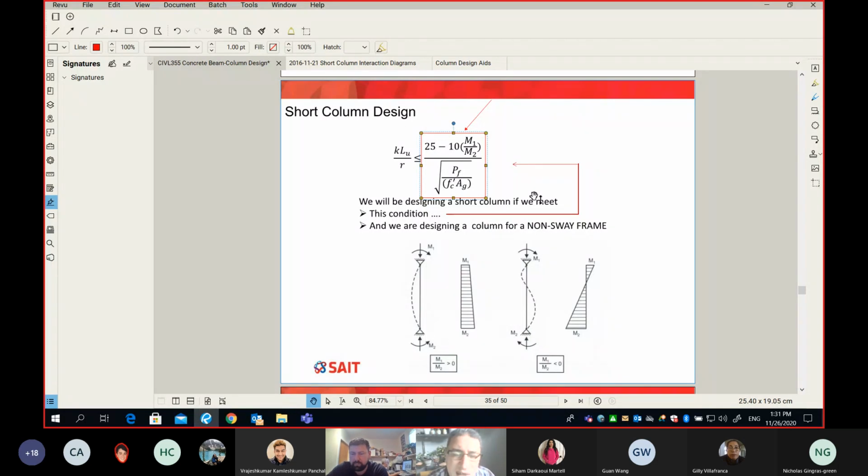The column is big enough, chubby enough, to neglect the buckling. And if the lambda for your column exceeds the lambda maximum, by this equation here, with the number that I boxed out in red, it means your column is slender, and we have to consider the buckling in our design.